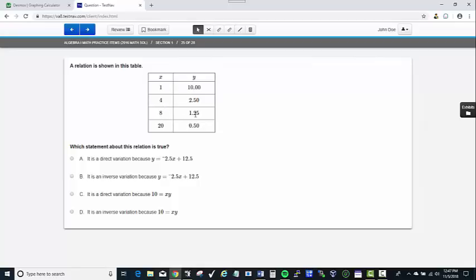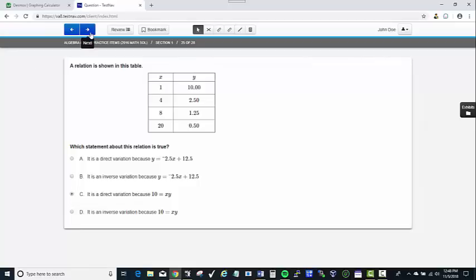Isn't 8 times 1.25, 10? Isn't 20 times 0.5, 10? So it's a direct variation because they all equal the same thing, and it's basically 10 equals x times y. Right? Because all of these products equal 10. Direct variation. Didn't really need to get all technical with that one.